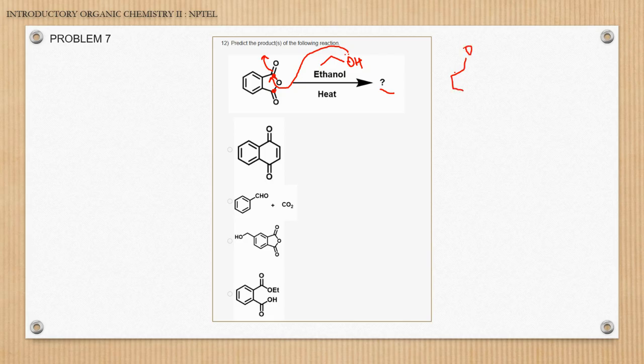5 member. So this is O minus. This is the carbonyl group as it is, which is untouched. This is oxygen. This will be the ring. Fine. And here you have a methyl group.